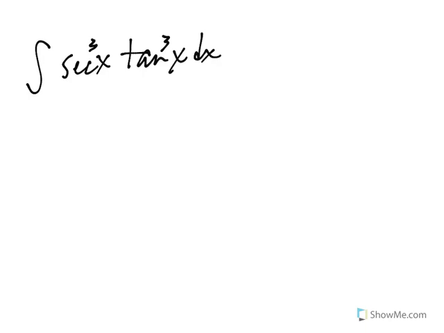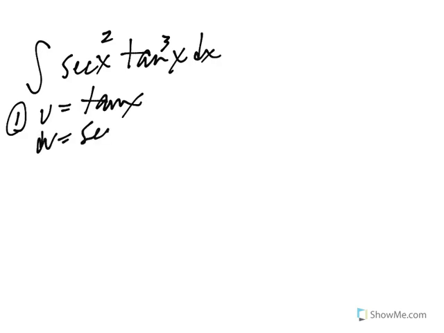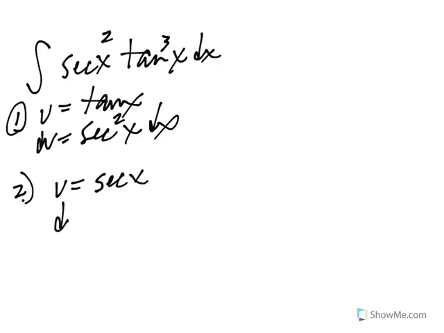First of all, I could let u be the tangent of x. Du then is the secant squared of x dx. I could also let u be the secant of x. So my du then is secant of x, tangent of x.